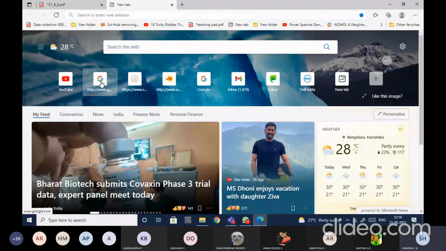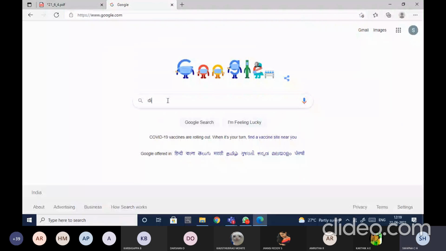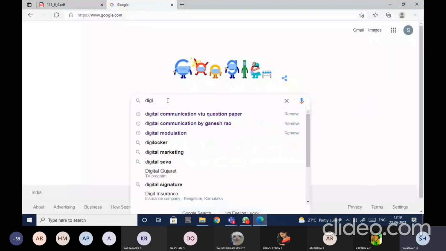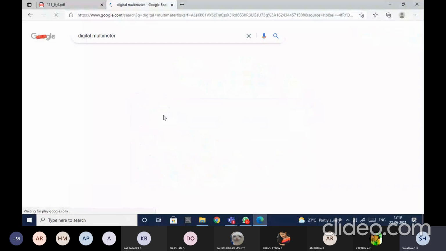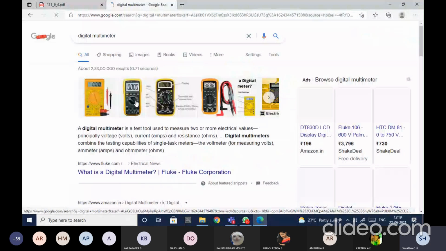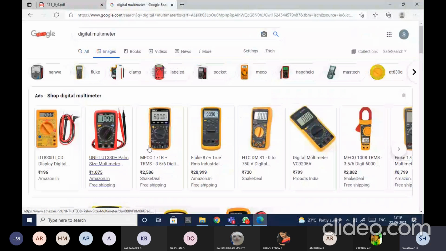This is our multimeter. All these are different types of multimeters, you can take anything. So this is a multimeter which will be used. Wait, let it open.